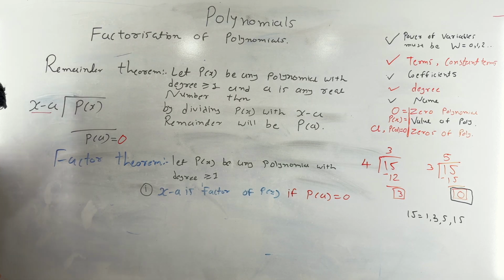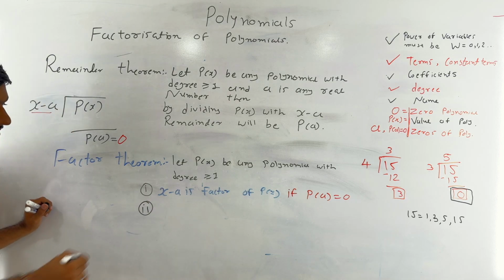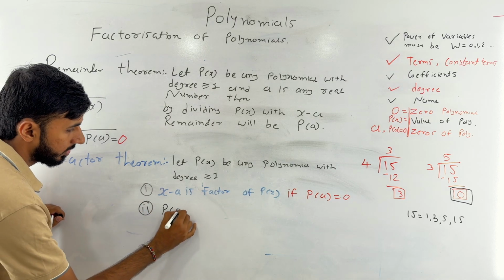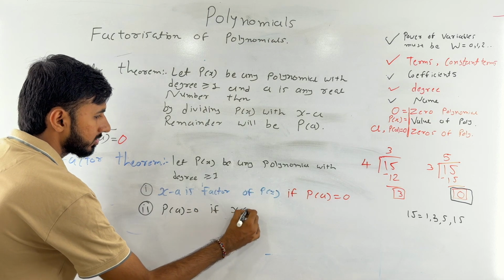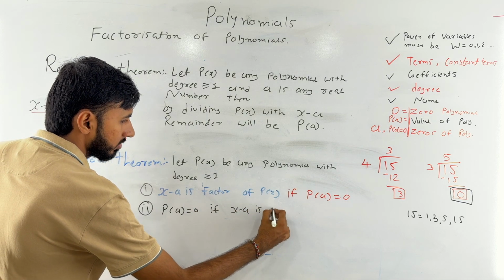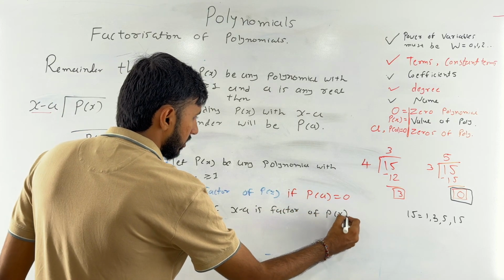So the second will be: p(a) is equal to 0 if x minus a is a factor of p(x), right?